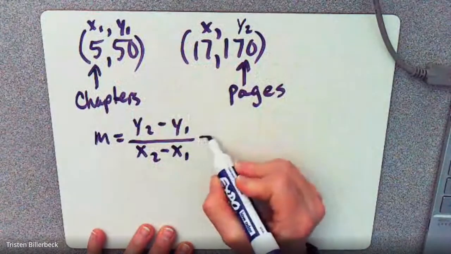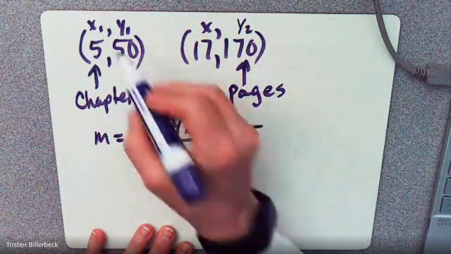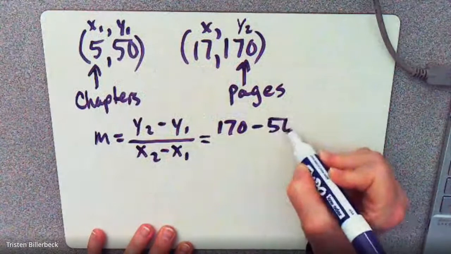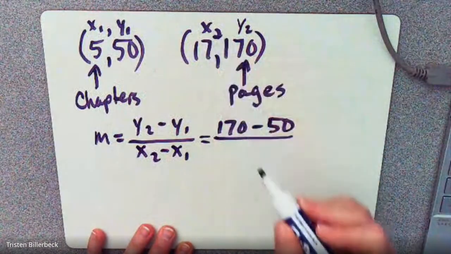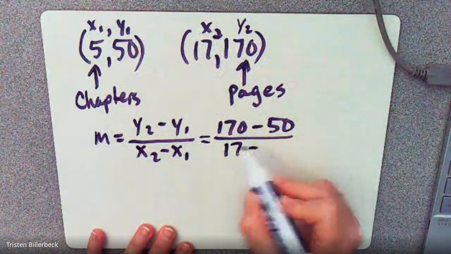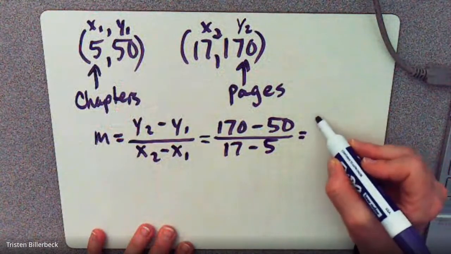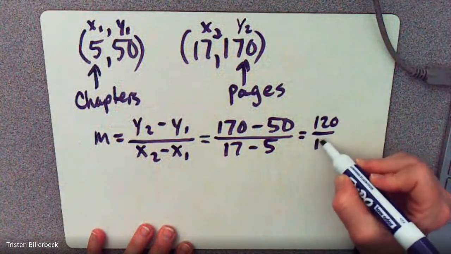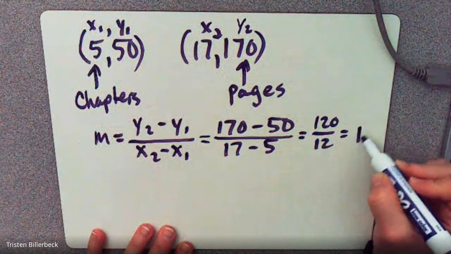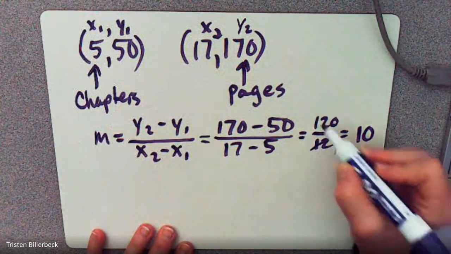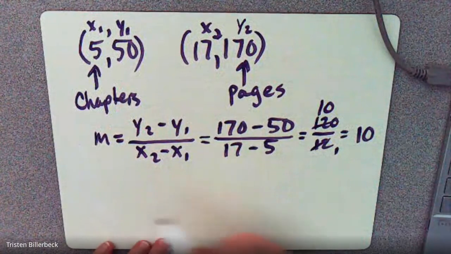So y2 is 170 minus y1, which is 50, over x2, which is 17, minus x1, which is 5. That gives us 120 over 12, which is just 10, because 12 goes into 120 ten times. So we have a slope of 10.